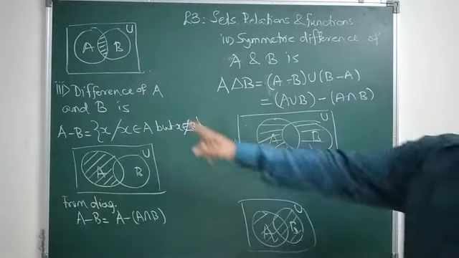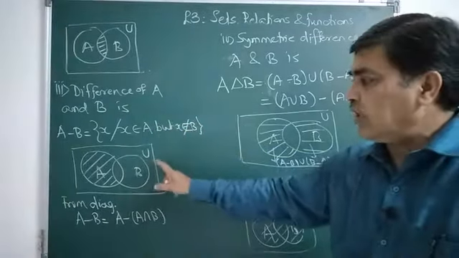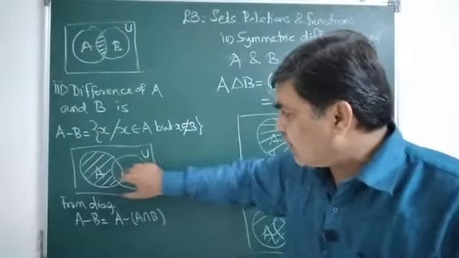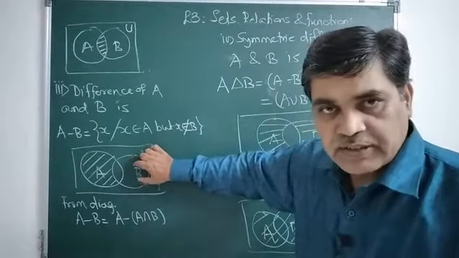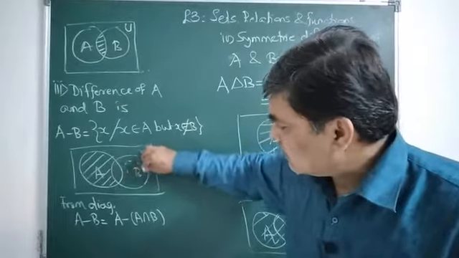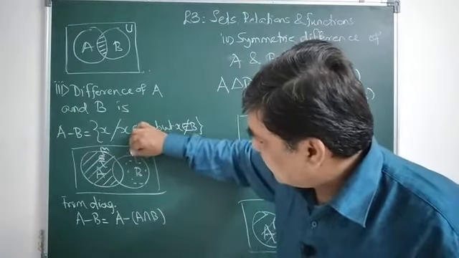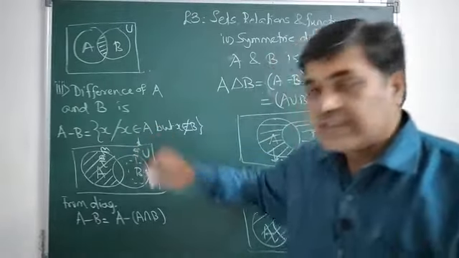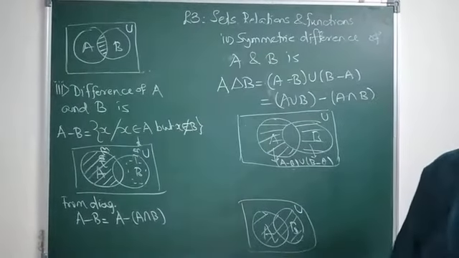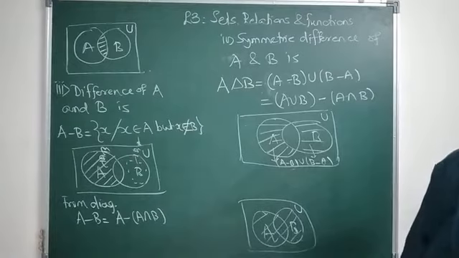But the difference operation A minus B is not equal to B minus A. A minus B is this part, B minus A will become this part here. So these two sets are not equal, means difference operation is not commutative.